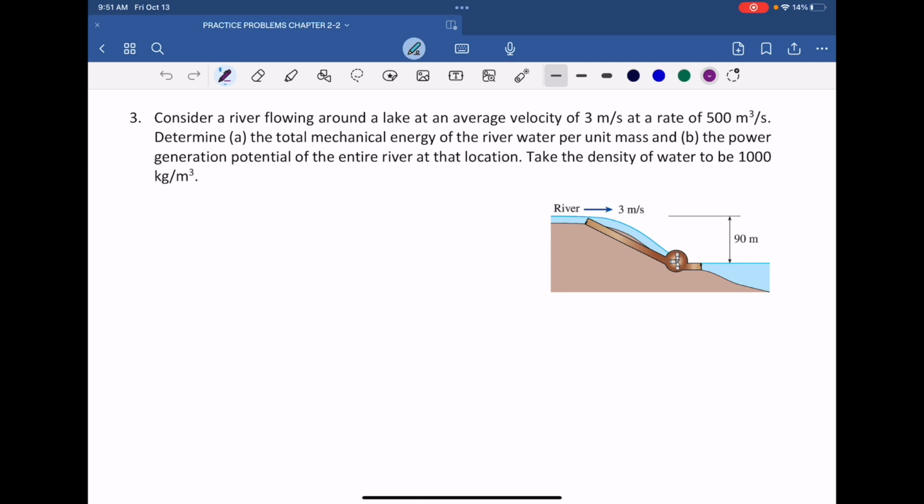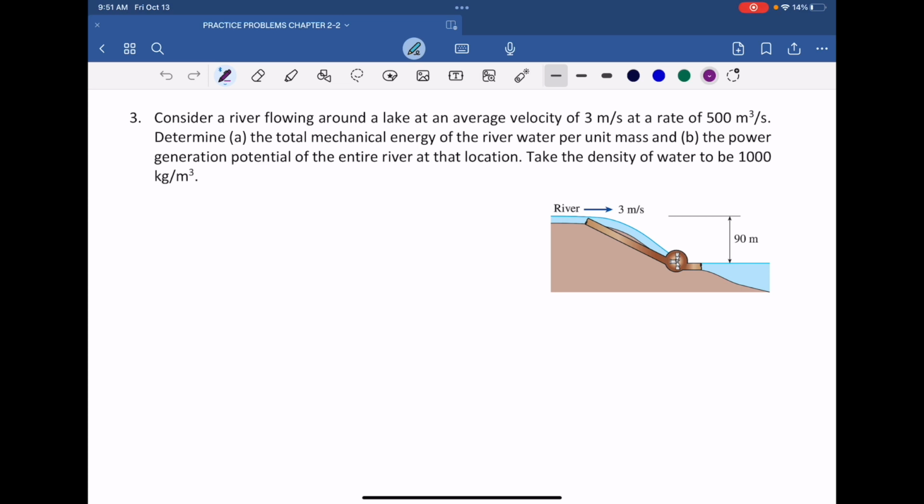What they're asking is to find the mechanical energy of the river per unit mass. Remember, mechanical energy means the energy of the river that is capable of doing work, like rotating a shaft at the bottom of the river, and the power generation potential of the entire river at that location. Take the density to be 1000 kilograms per cubic meter.